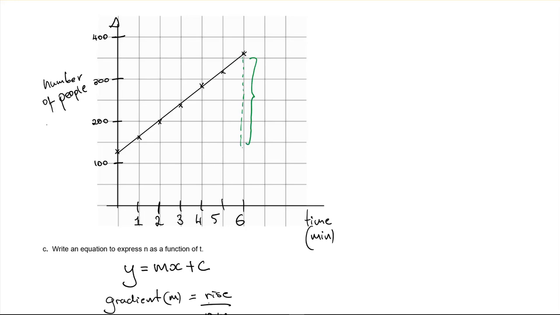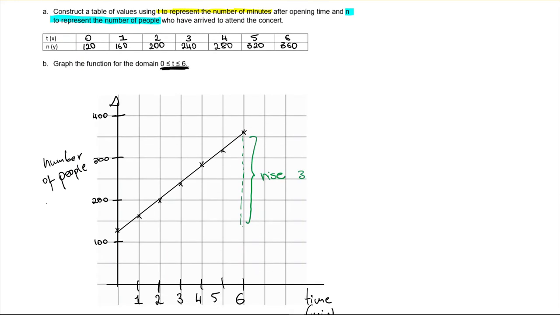So the rise is going to be, we know the largest number was 360 minus 120, and then the run is going to be how much it's moved on the x-axis, which is just 6 minus 0, which is just 6.